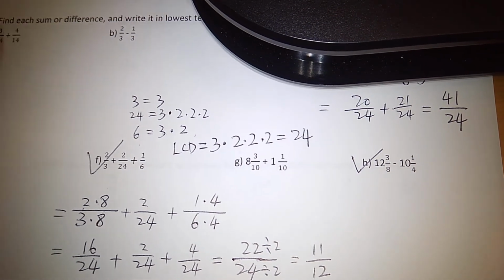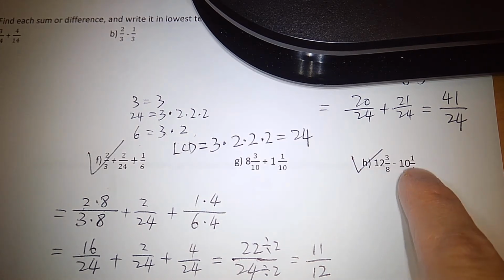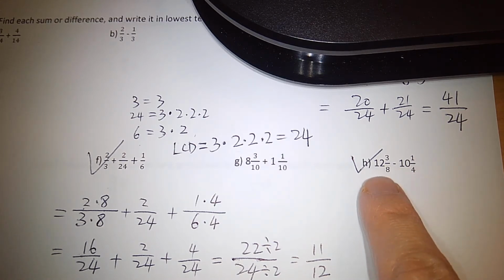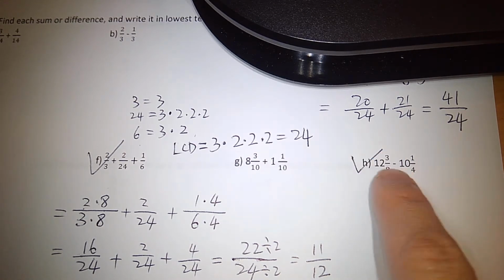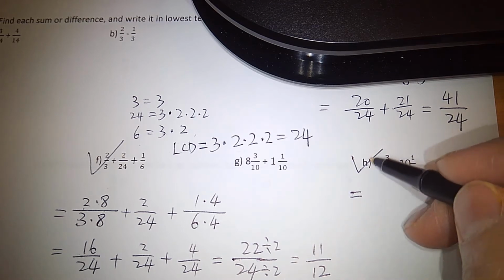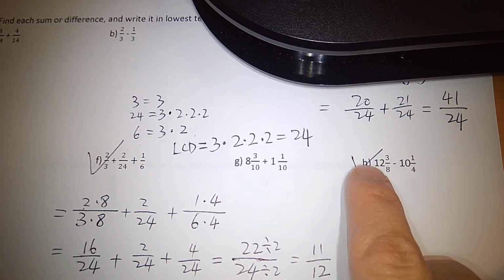Question H. 12 and 3 over 8 minus 10 and 1/4. Same thing. Are we able to subtract now? They're in mixed numbers. So first we write them as fractions, right? So the first fraction, the denominator is 8.